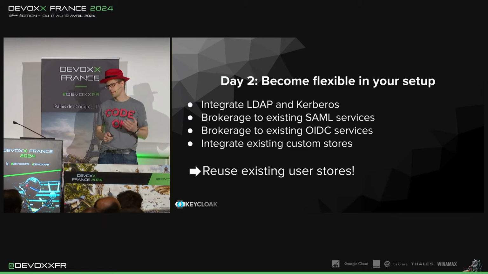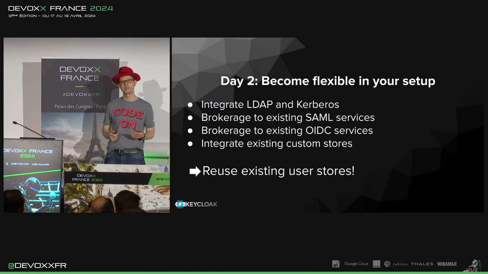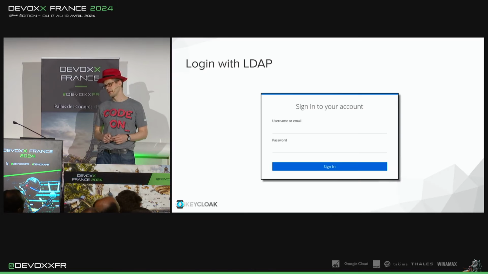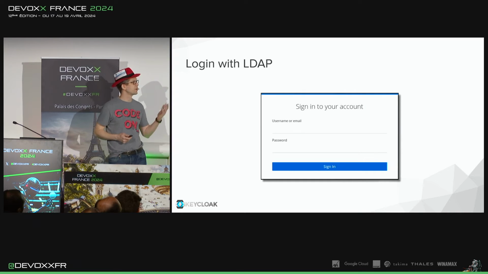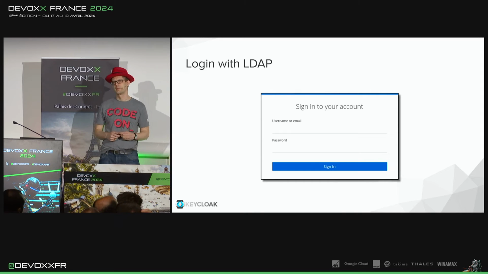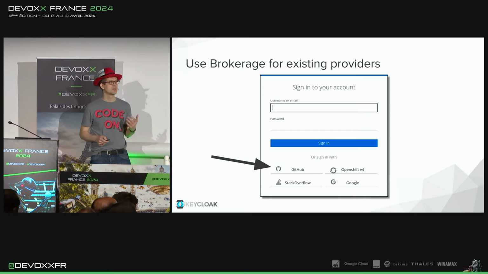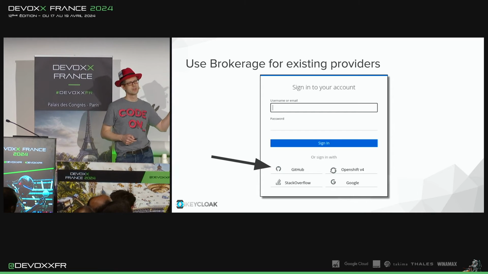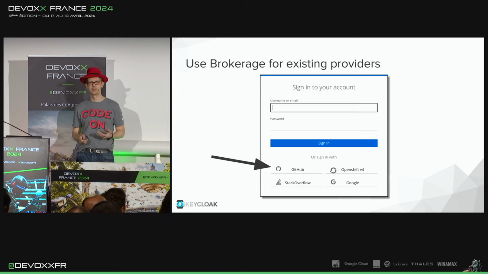And I say day two is about using all your existing user information wherever it is in your Keycloak and your authentication flows. When you connect Keycloak to LDAP, the login screen is the same as before. You have a username and password, but the credentials will then be checked against LDAP. If you choose to have brokerage with existing providers, one possibility is to have some buttons where you click on, let's log in using GitHub or Stack Overflow or whatnot.